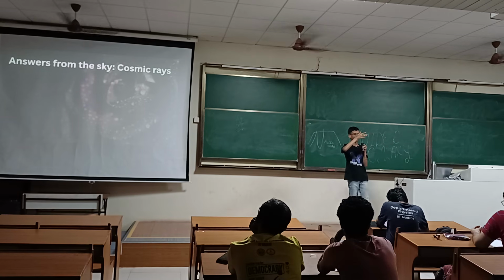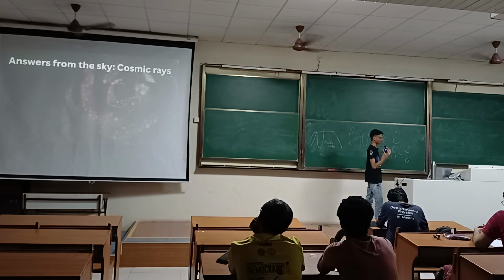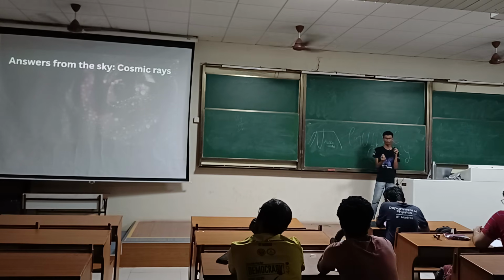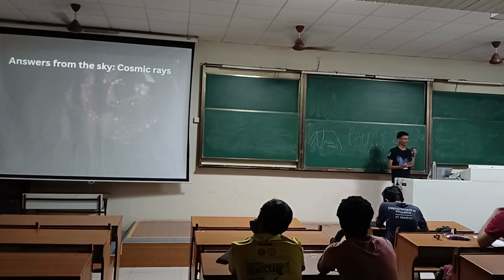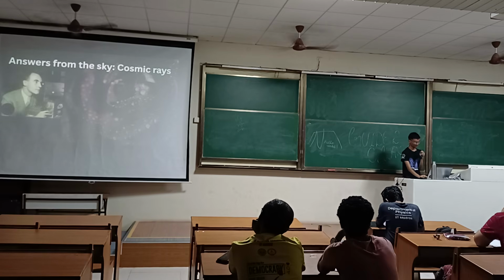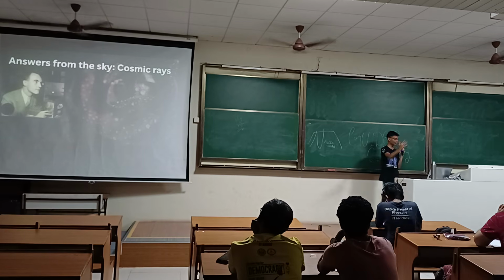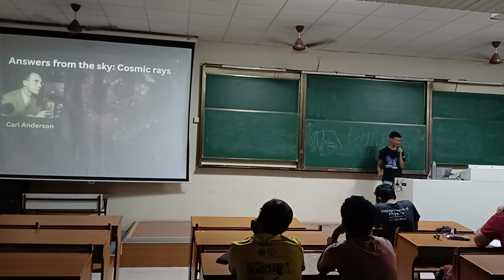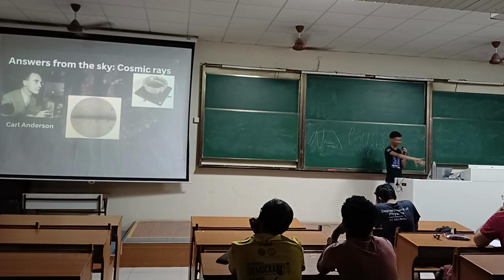Before particle accelerators, we didn't have access to the high energies required to find new particles, and cosmic rays were a very helpful mechanism by which we were able to figure out a lot about many elementary particles. So our story brings us to this guy, Carl Anderson, this diagram, and this instrument.